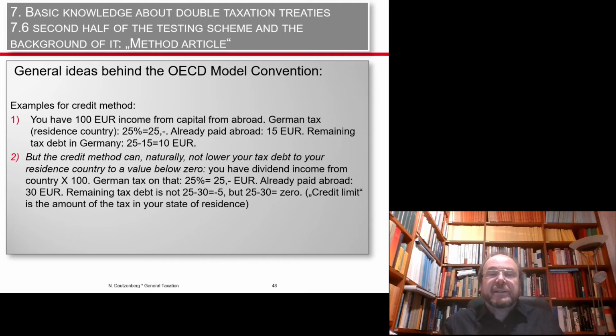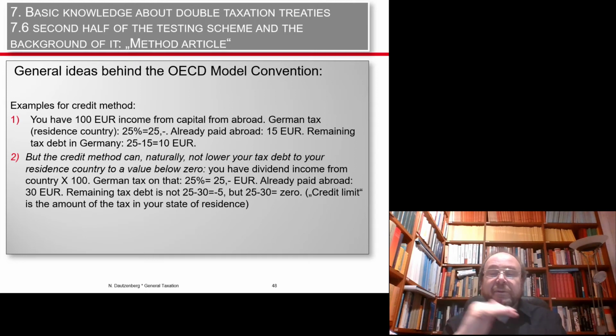By the way, that is meant when people talk about the credit limit under the credit method. That's nothing else than that you cannot credit more than the tax of your residence, your home state country. They only reduce it to 0, but not to more.